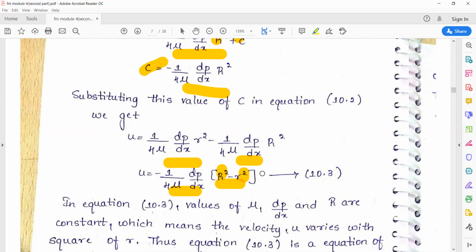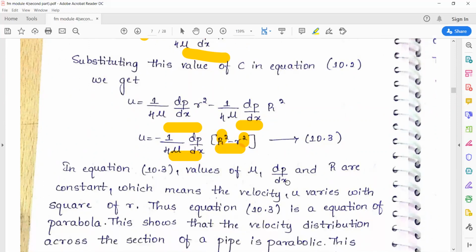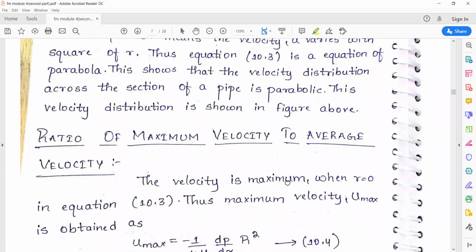So this is the velocity of the fluid at any point. So we have the expression for velocity distribution.